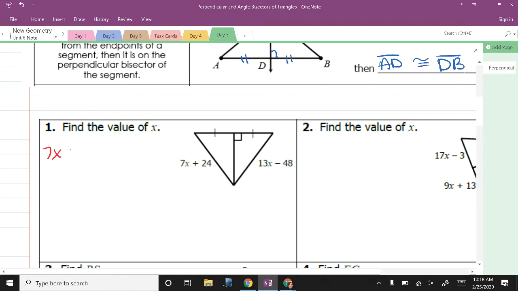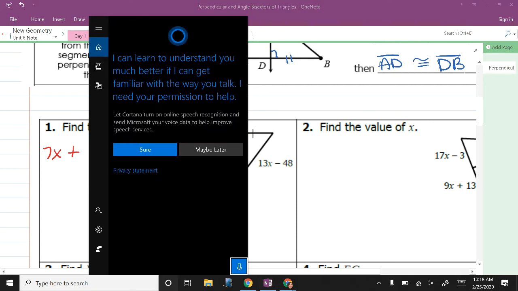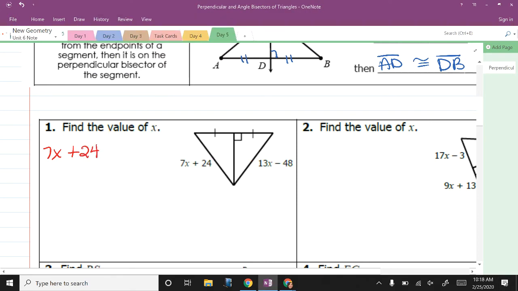So 7x plus 24 equals 13x minus 48. Those two segments are congruent, so I can set them equal to each other to solve for x.